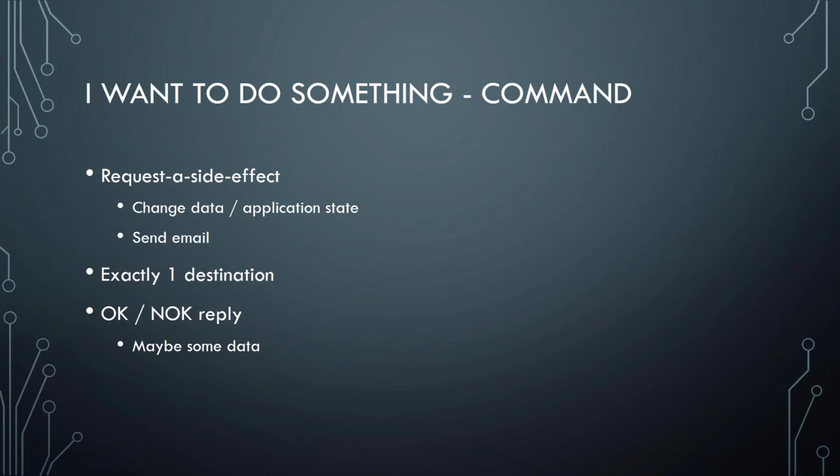So you want a component to do something, and there's exactly one component that should react to that. Maybe as a side effect, multiple components can react to whatever is happening as an effect of that command. So you can trigger a lot of changes. But you have one initial destination where that command is being handled.